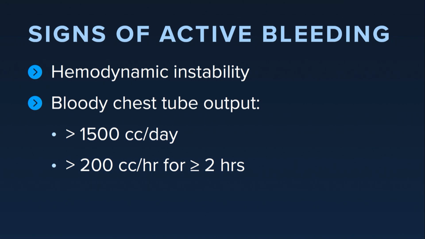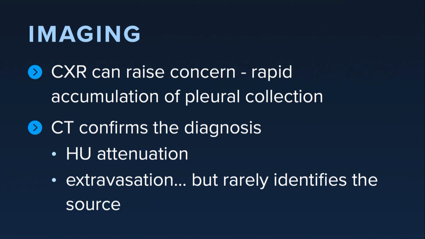Or if you have bleeding of more than 200 cc's an hour for more than 2 hours, this is a sign of active bleeding and it's going to need to be addressed. Chest x-ray can often raise the concern, as we saw in our case, rapid accumulation of something in the pleural space. And CT is often diagnostic, but unfortunately, it rarely identifies the source.